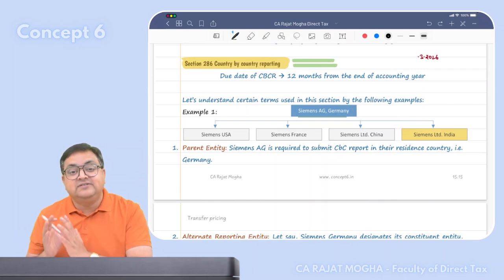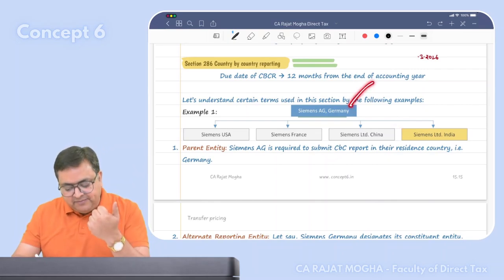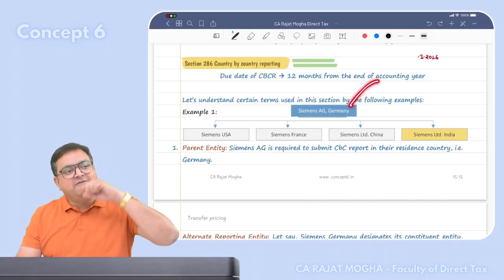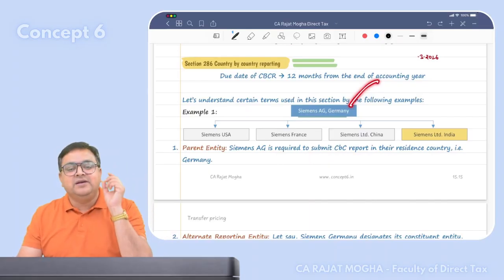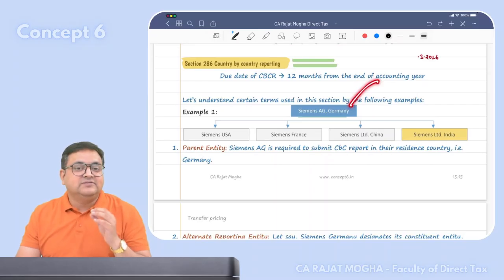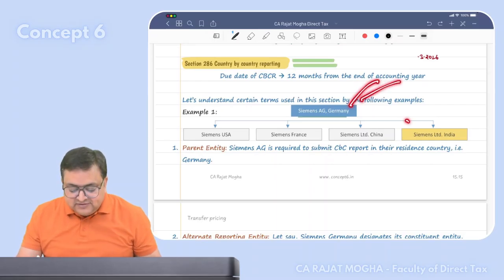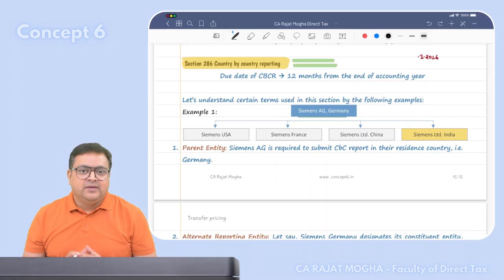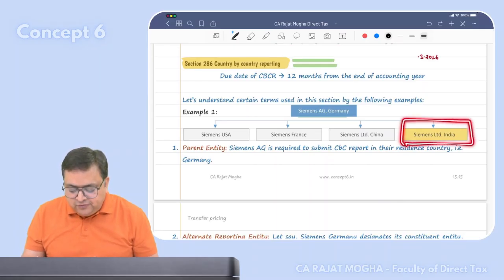This concept is known as systemic failure. They have submitted CBCR in Germany, we have an agreement to share the information, but still it is not being shared. That's called a systemic failure. If a systemic failure happens, then they will have to submit the CBCR.